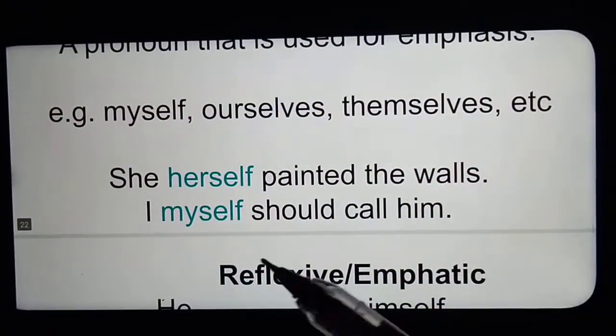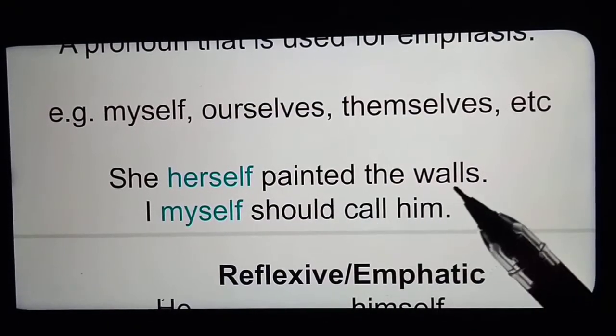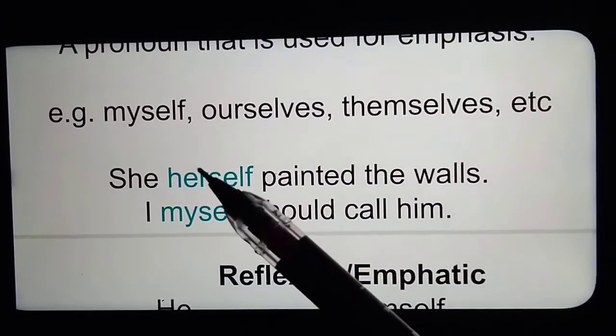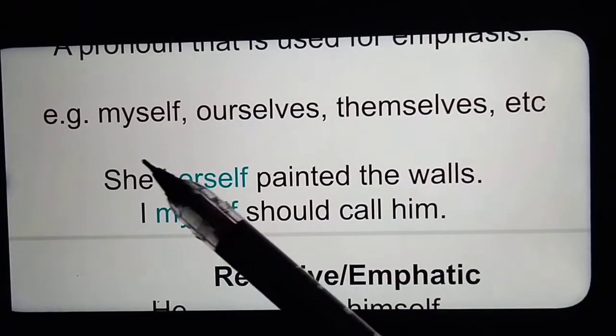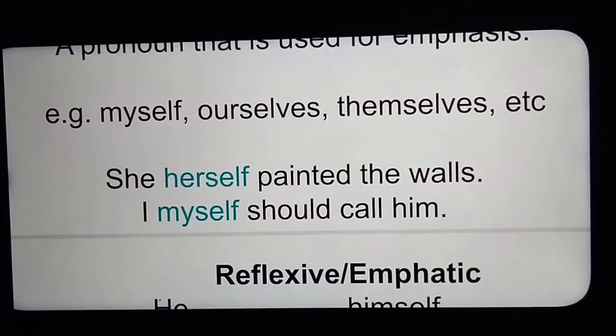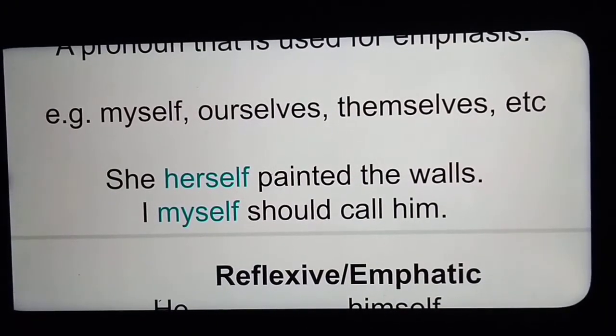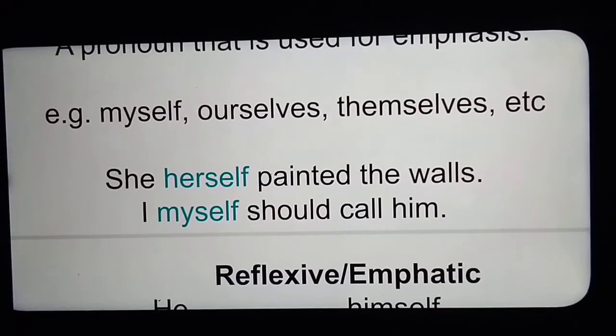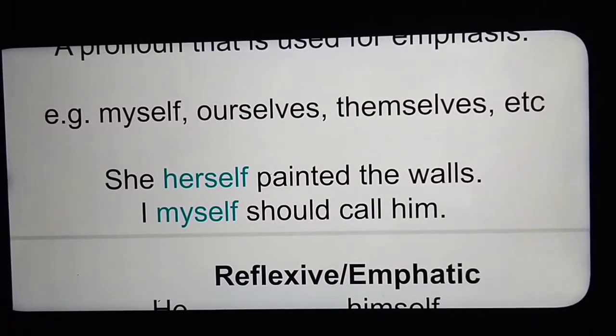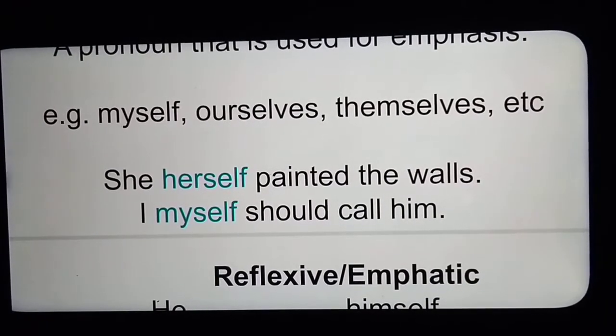For example, she herself painted the walls. The word is putting emphasis on the subject. Right? Instead, if I say it like this, she painted the walls herself, it means there is no force or emphasis on the subject.